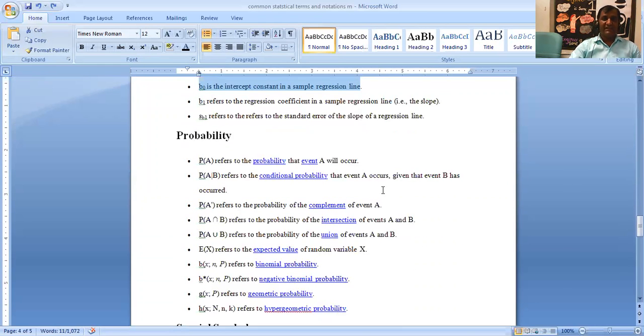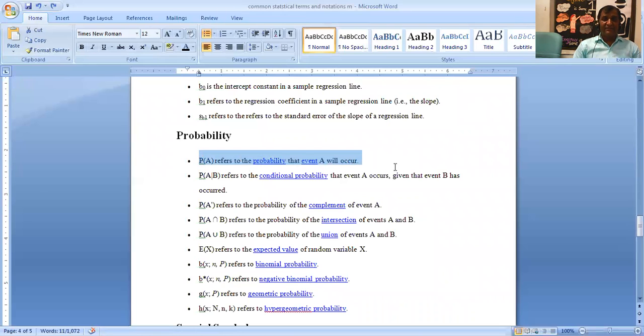Terminology in probability. P(A) refers to the probability that event A will occur. P(A|B) refers to the conditional probability that event A occurs given that event B has occurred.